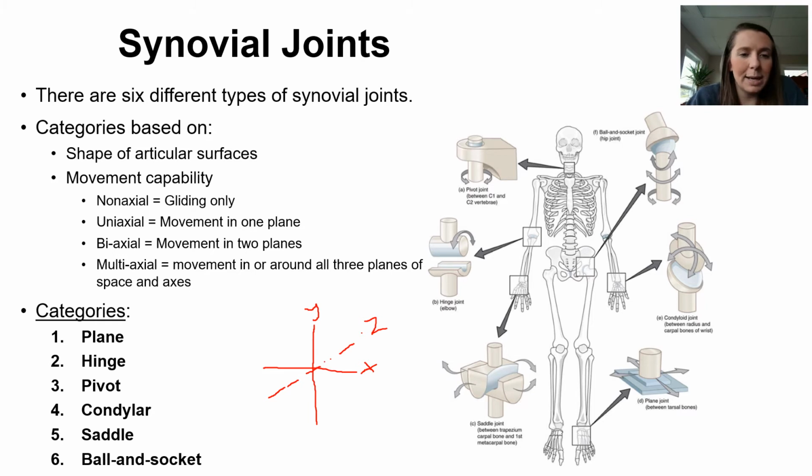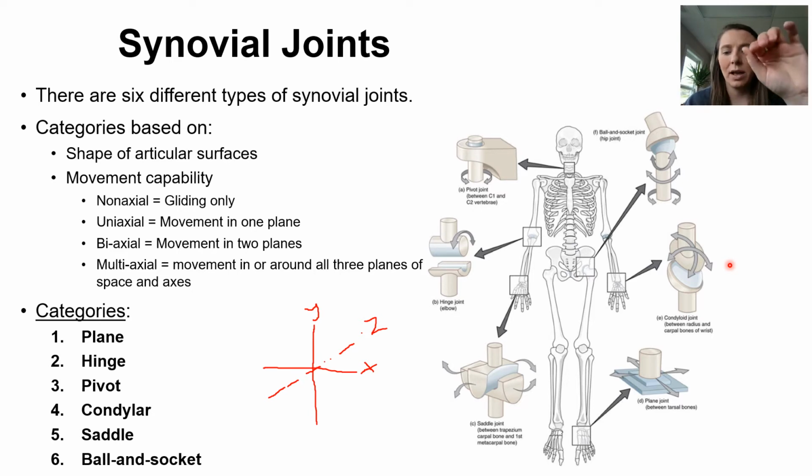The next types of movements are biaxial, and biaxial synovial joints have movement in two different planes. This includes the condylar and the saddle joints. Getting back to my pointer here, our condyloidal joint, for example, is between the radius and the carpal bones of the wrist.